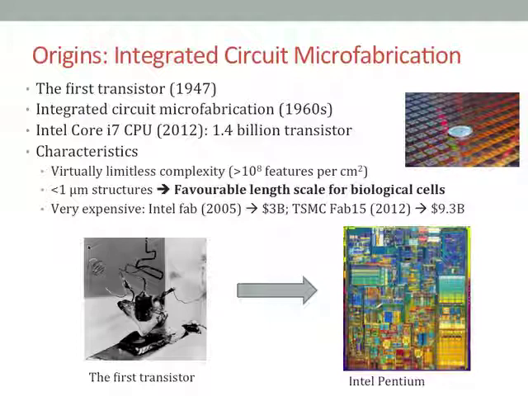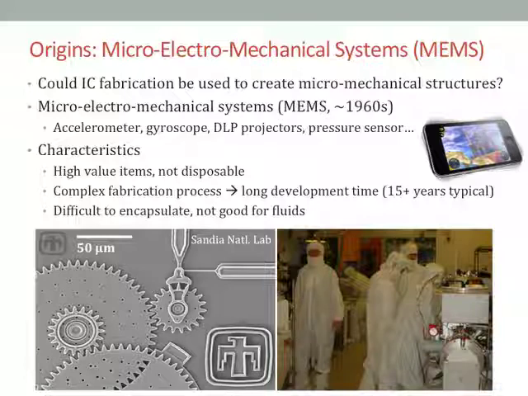The second part of the origin of microfluidics is the idea called Micro-Electro-Mechanical Systems, or MEMS. Once we had the capability to create complex patterns at a small length scale, people started wondering, at least on the research side, can we create devices that have both electrical and mechanical features?